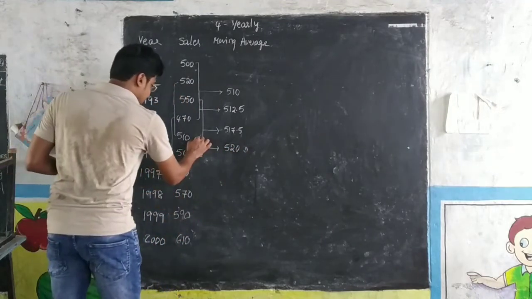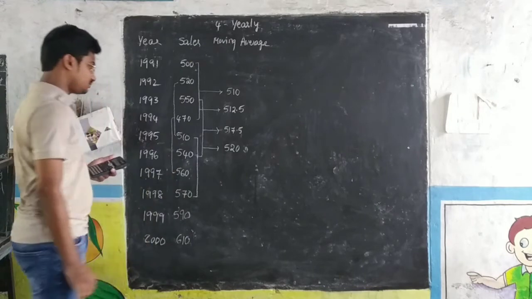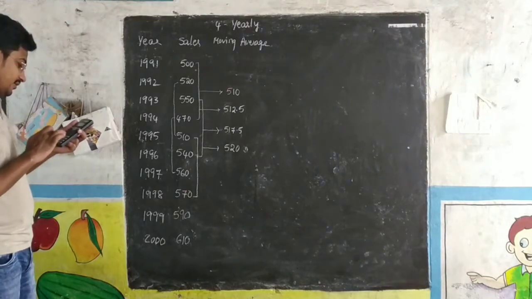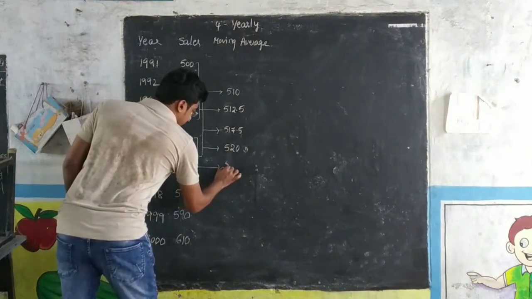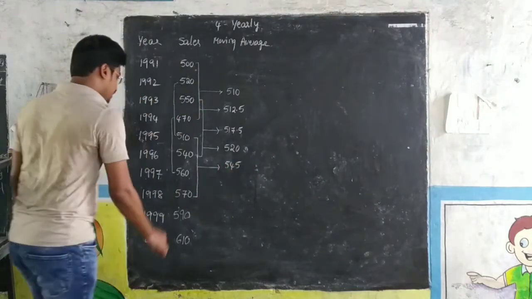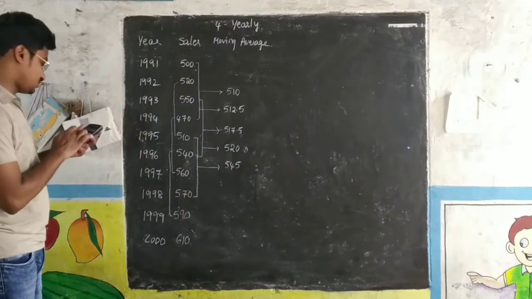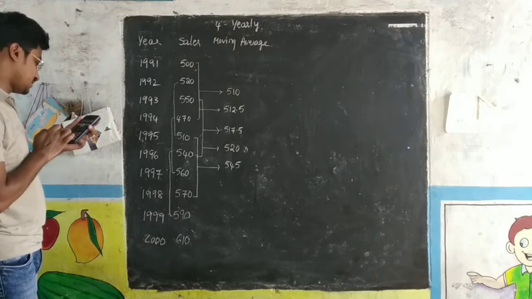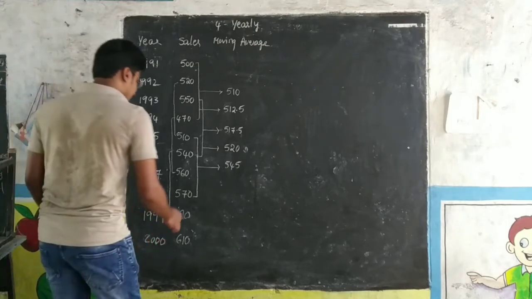Next 4 years. 510 plus 540 plus 560 plus 570 divided by 4 is 545. Next 4 years. 540 plus 560 plus 570 plus 590 divided by 4 is 565.